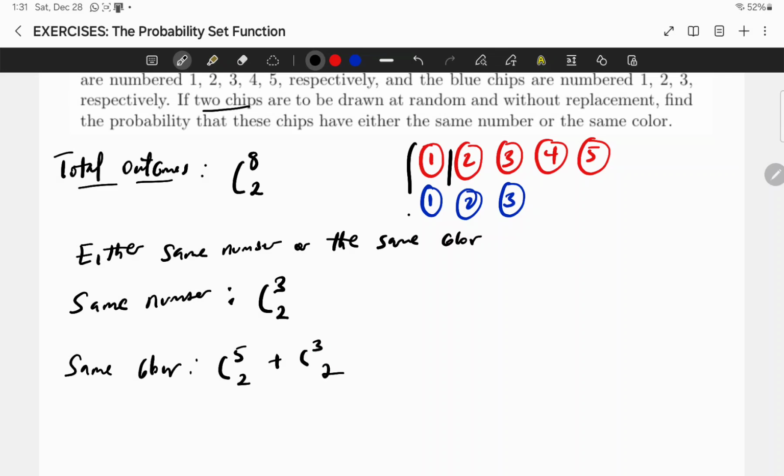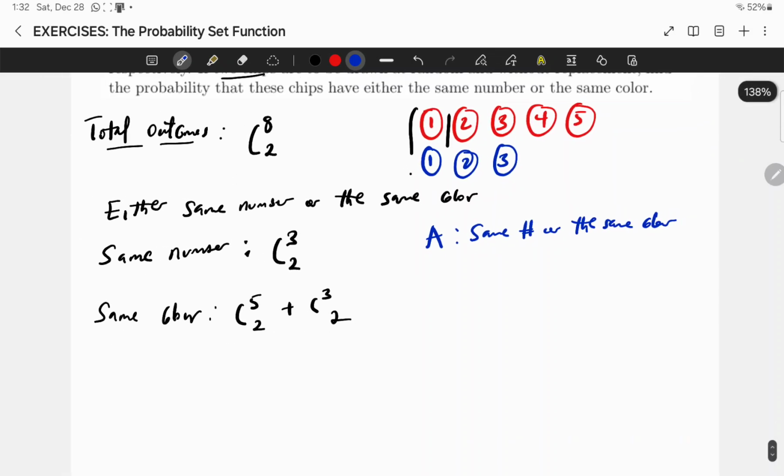So the probability of everything together, let's denote our event to be A, the event of same number or the same color.